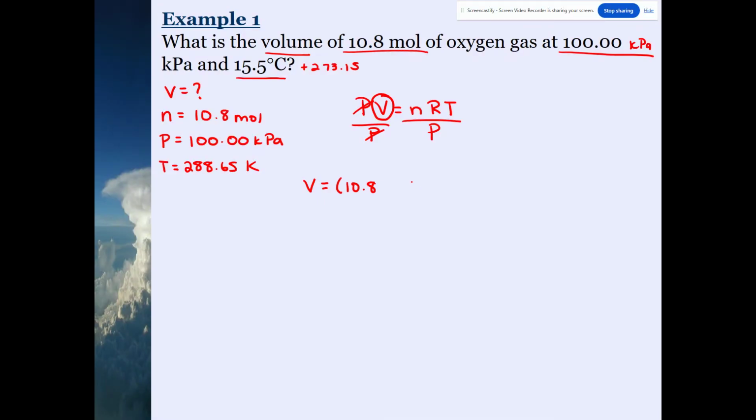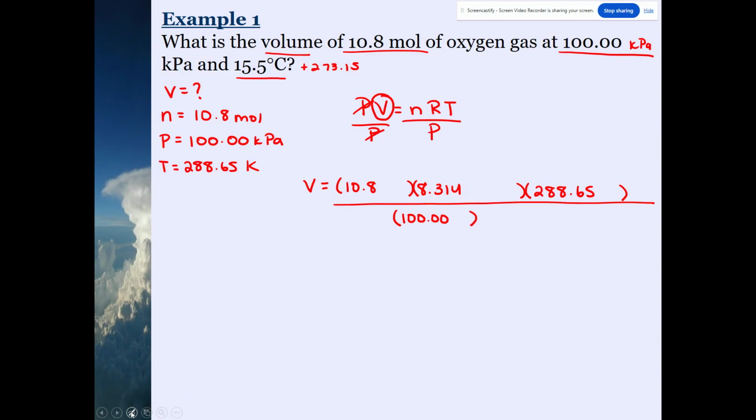I'm going to put my units in a different color, just to show you, again, the unit analysis. Okay, so my moles was 10.8. My R was 8.314. That's the constant. And my temperature is 288.65 Kelvin. And then I'm going to divide that by my pressure, which is 100.00 kilopascals.